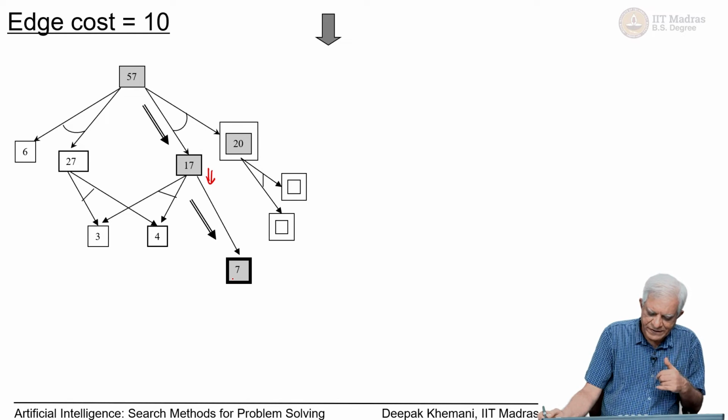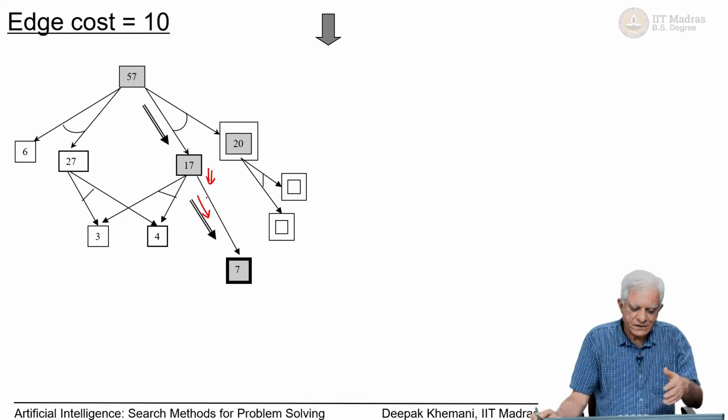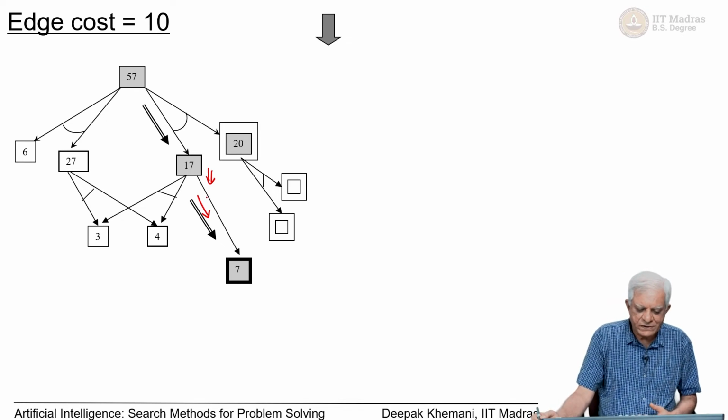So, 7 plus 10 is 17. If it had chosen the left choice, which had also 3 plus 4, which was 7, but it had two edges, that would have been 7 plus 20, which would have been 27. So, this is marked as a better choice, and its cost now has gone up to 57, but it is still the better of the two nodes.